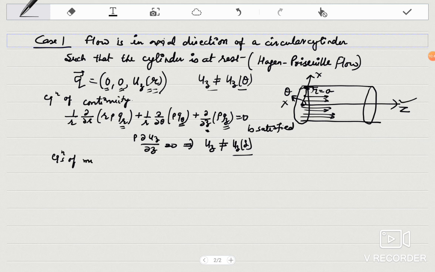Equations of motion for steady flow. So I am not writing the first term.